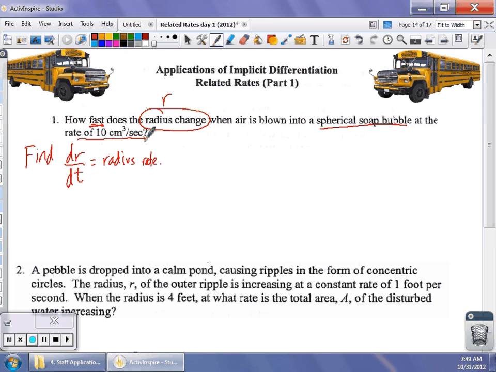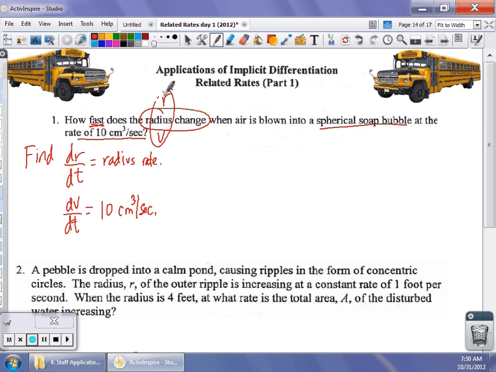They're giving me dV/dt. In other words, cubic is a unit of volume. So dV/dt is 10 cubic centimeters per second. So I need an equation that's going to connect radius and I need to connect volume.